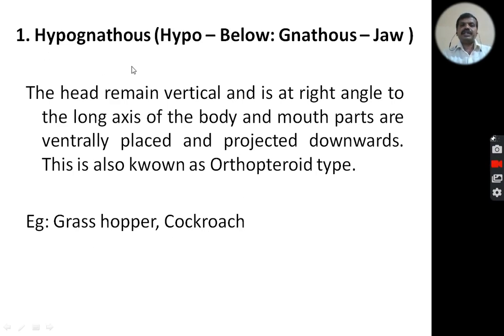In hypognathous, the head remains vertical in position, always at right angles to the long axis of the body. The mouth parts are placed ventrally and projected downwards. This is known as the orthopteroid type. Examples are the grasshopper and the cockroach.